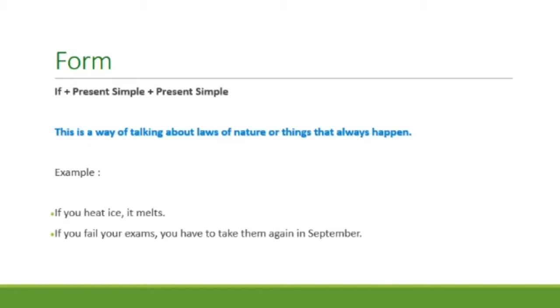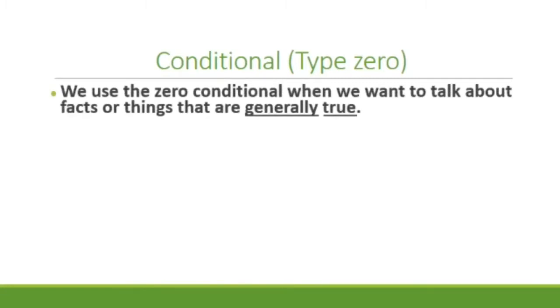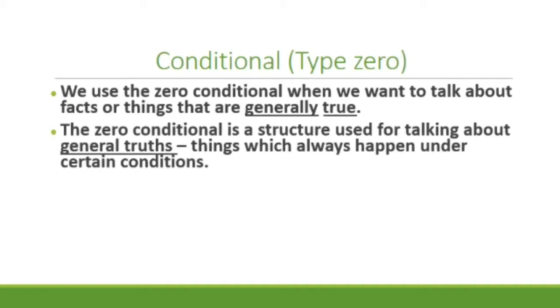Let's see other examples. Conditional type 0. We use the 0 conditional when we want to talk about facts or things that are generally true. The 0 conditional is a structure used for talking about general truths, things which always happen under certain conditions.